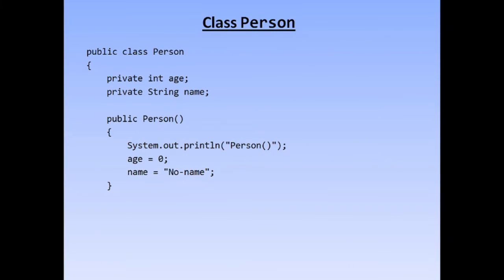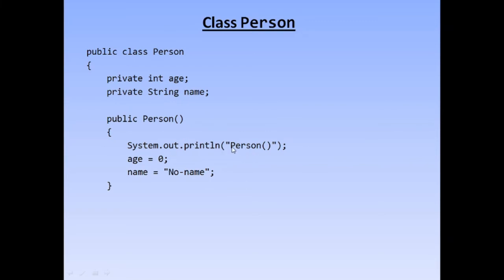Now this class person has two attributes, age and name, then public person. This constructor is always defined to be public, and what it is doing is calling the person function.